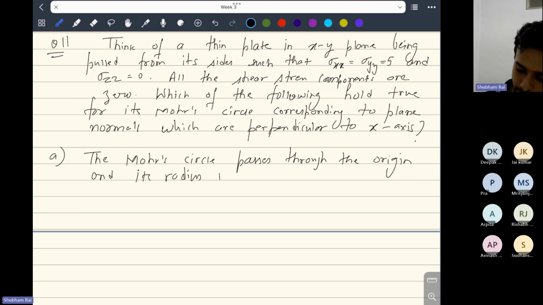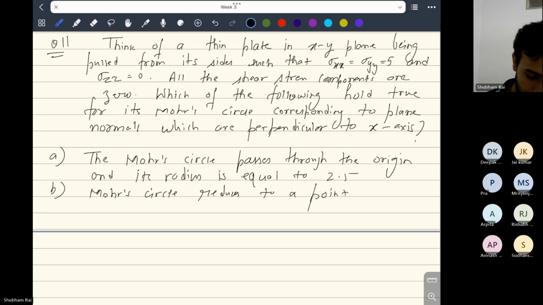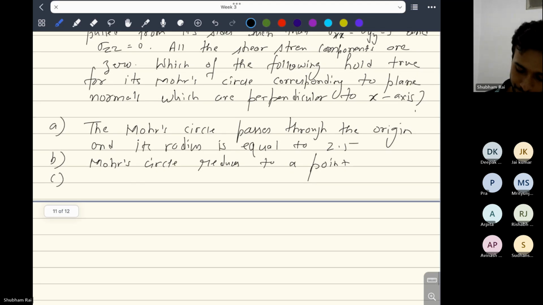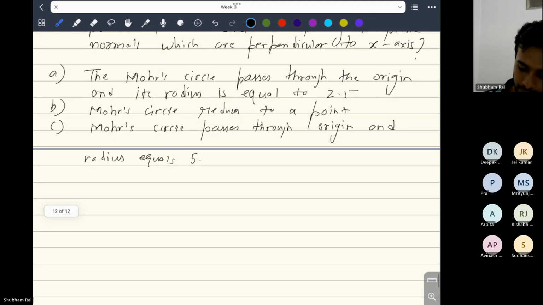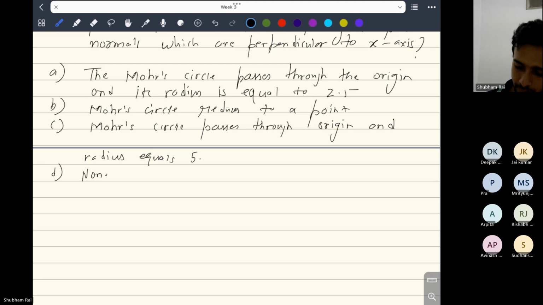B is Mohr circle reduces to a point. C is Mohr circle passes through origin and radius equals 5. And D is none of these.